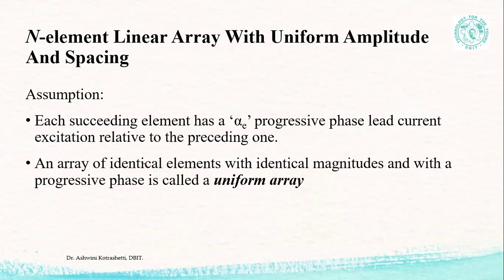And we are talking very specifically about a linear array, and all of those elements are going to be separated uniformly. So all the elements will have the same distance from each other, and they will be fed with equal amplitude. That is called uniform amplitude and uniform spacing. An n element linear array, not a planar but a linear array.